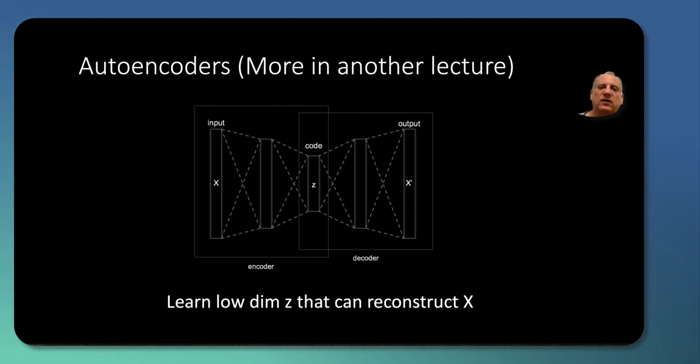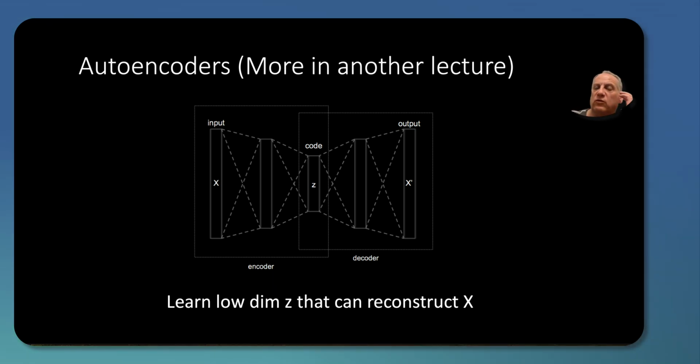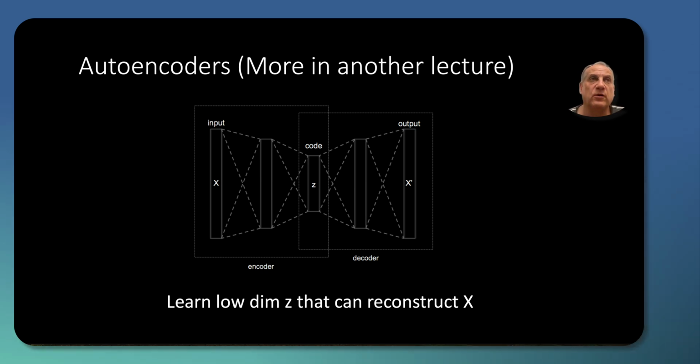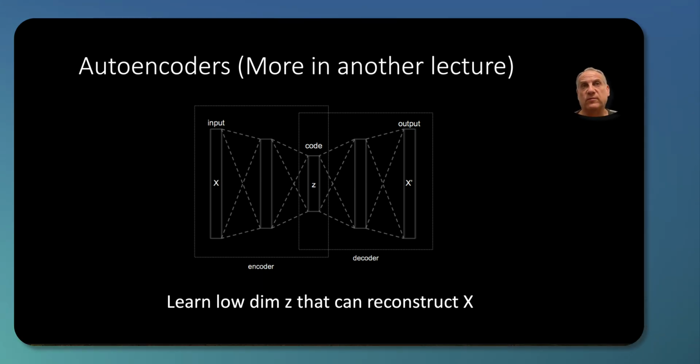And then we have a bunch of nodes that take those 500 and go up and up and up till you get back to the original size. So the number of nodes that are output and the number of nodes that are input are identical. And this is the architecture, and this is called an autoencoder.